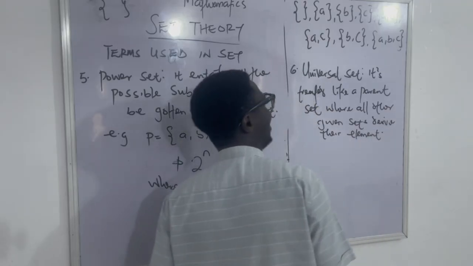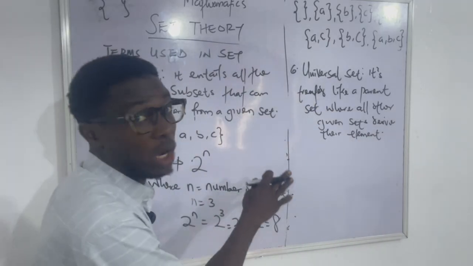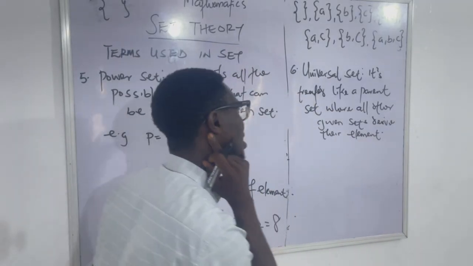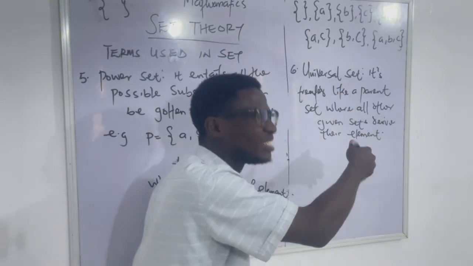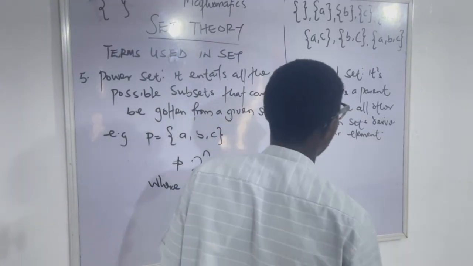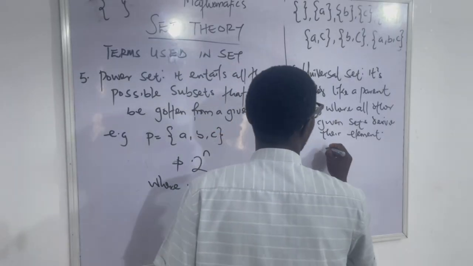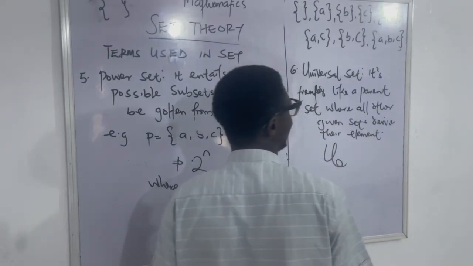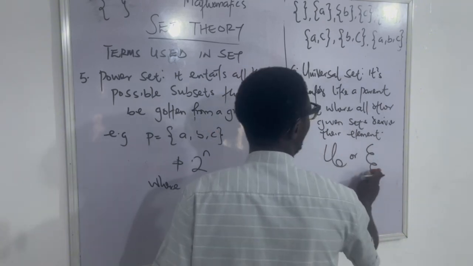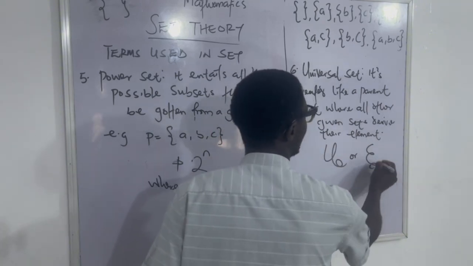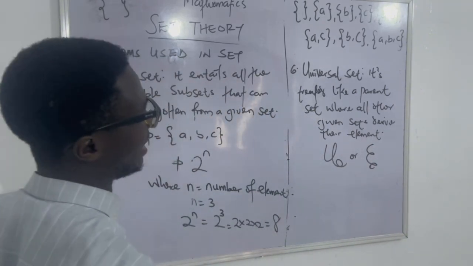Now, I'm just saying this in very simple terms. It's not as though if you check a textbook, this is what it will give you, but this is what it implies. Are we together? So now, a universal set is denoted with this or denoted with this. Are we together?